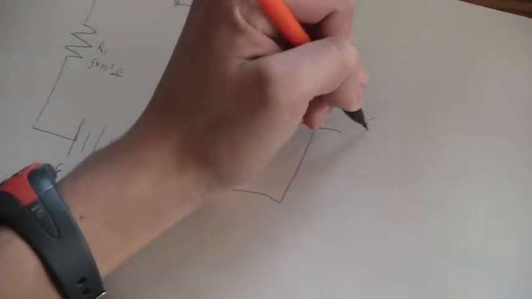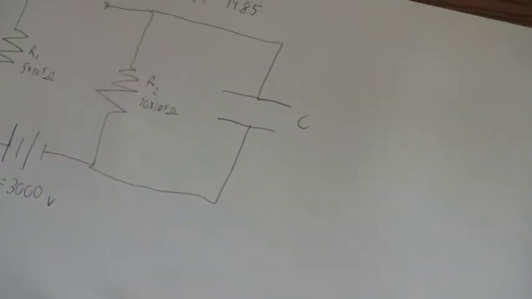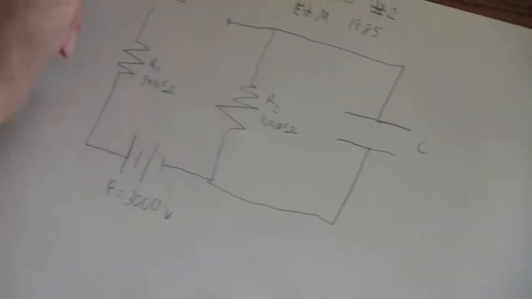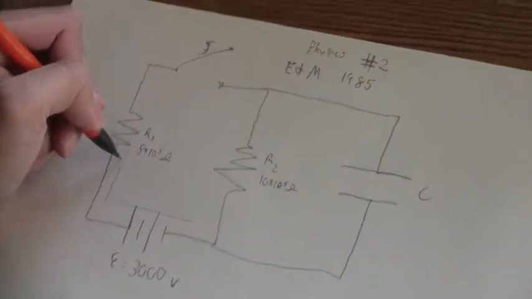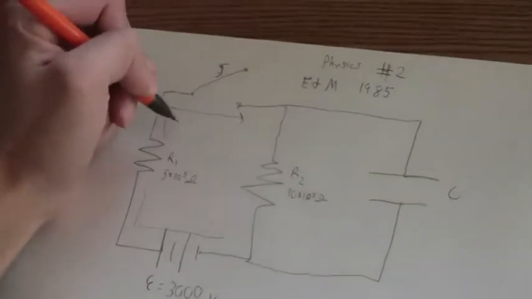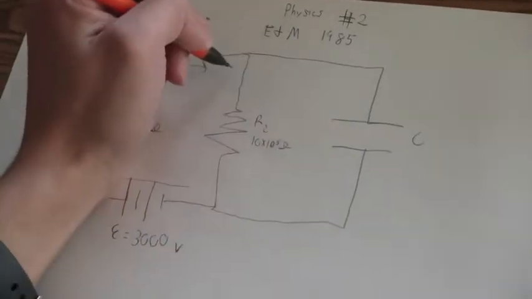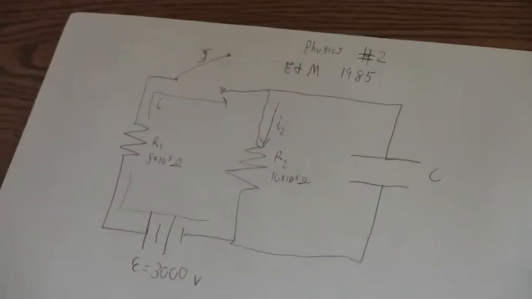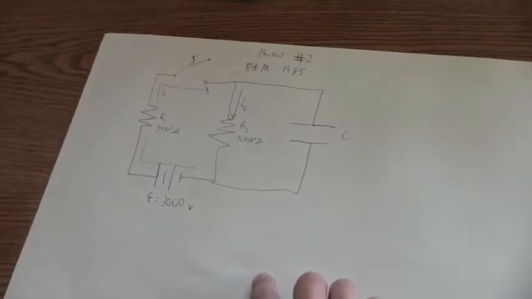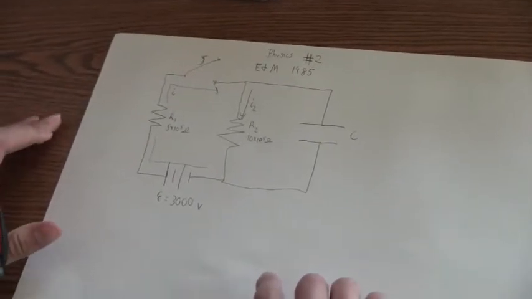You have your capacitor C, and you also know that you are probably going to use this at some point, but I1 flows through the circuit like this, and I2 down here. And that is what they give you for the problem.